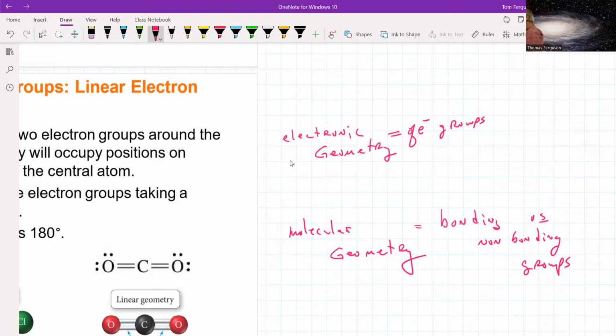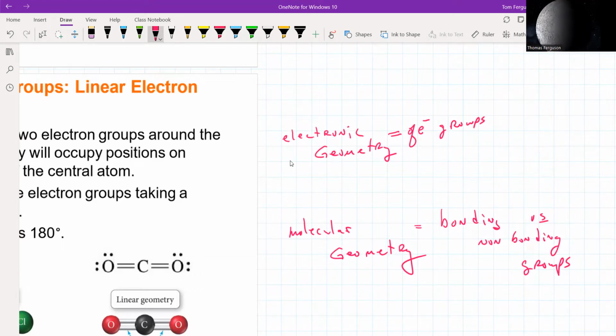With molecular geometry, we're differentiating between bonding and non-bonding electron groups. Electronic geometry doesn't care. Molecular geometry does. The molecular geometry is how it looks.